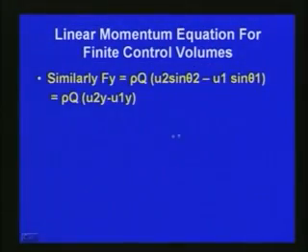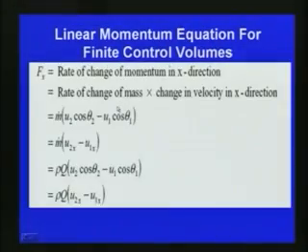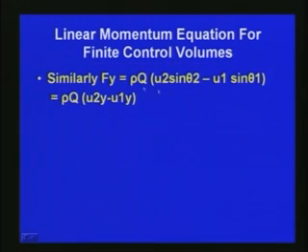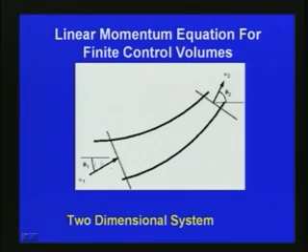In a similar way, for the rate of change of momentum in the y direction, Fy is equal to rho q (u2 sin theta 2 minus u1 sin theta 1), which is equal to rho q (u2y minus u1y). With respect to this figure, u1y is the velocity in the y direction at section 1 and u2y is the velocity in the y direction at section 2.